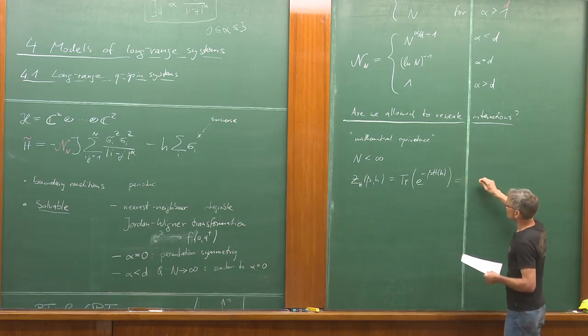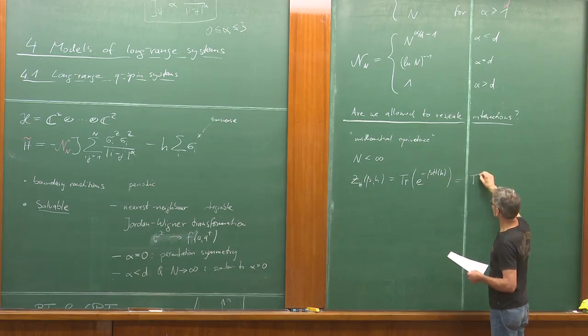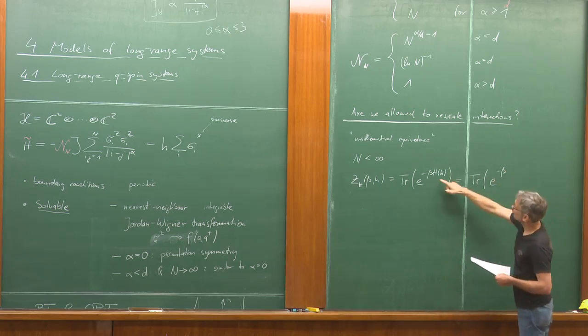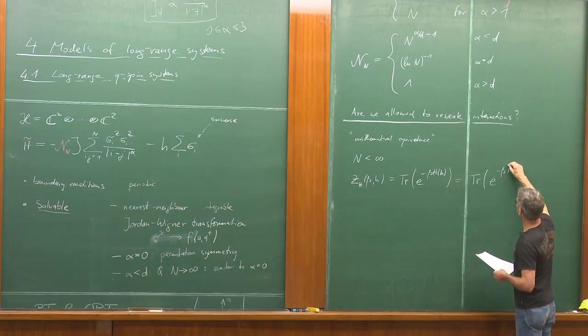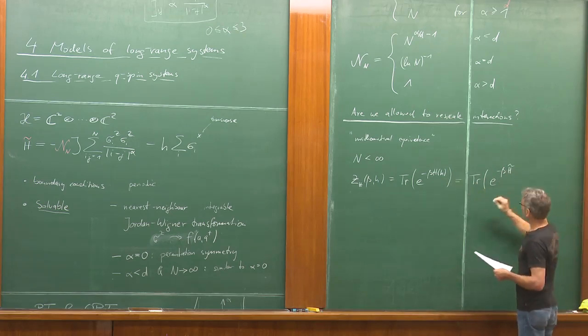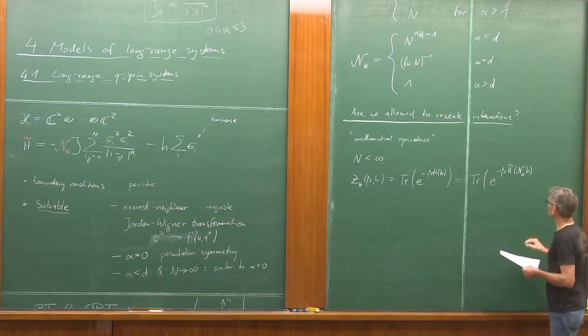And now, if I want this to be equal to some other trace that I'm going to write here, e to the minus beta, but I want now to use the tilde Hamiltonian, and I want this side to be equal to that one, I can say, well, I look at this Hamiltonian at a rescaled value of the field. And I scale, and then I still have to divide again by n of n, the whole expression here.